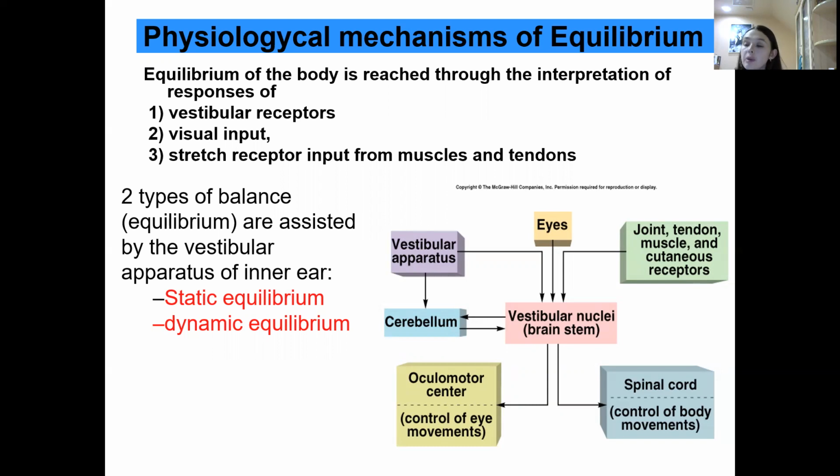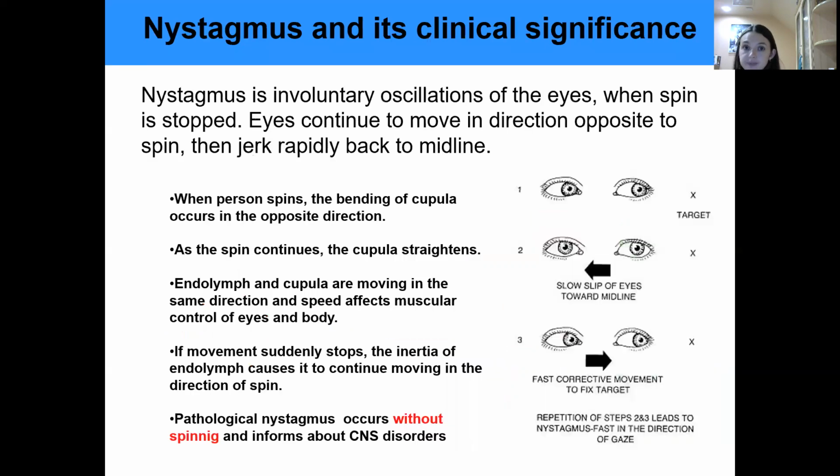Also, the information from the vestibular nuclei will be spread to the oculomotor center, which is responsible for control of the eye movement, and in this case, the eye will move in different directions during the rotation of the head. And information will be spread to the spinal cord for controlling of the body movement.